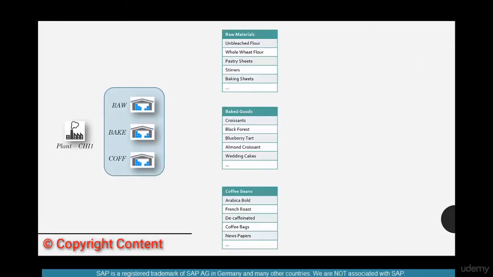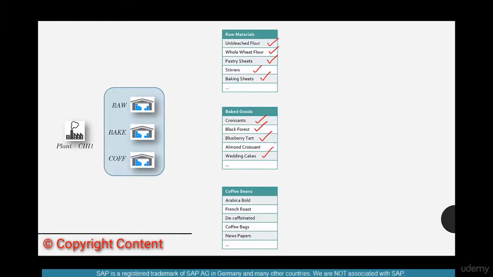Let's talk about the materials that we're going to use in our coffee shop. We're going to use a whole bunch of raw materials, like flour, different kinds of flour, and pastry sheets, stirrers for coffee, baking sheets, and so on. We are also going to either procure or manufacture baked goods like croissants, pastries, tarts, cakes, that kind of stuff.